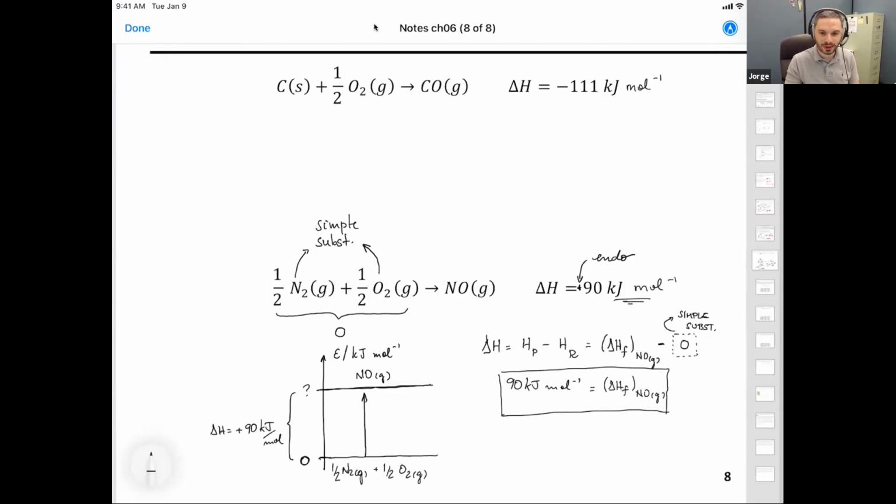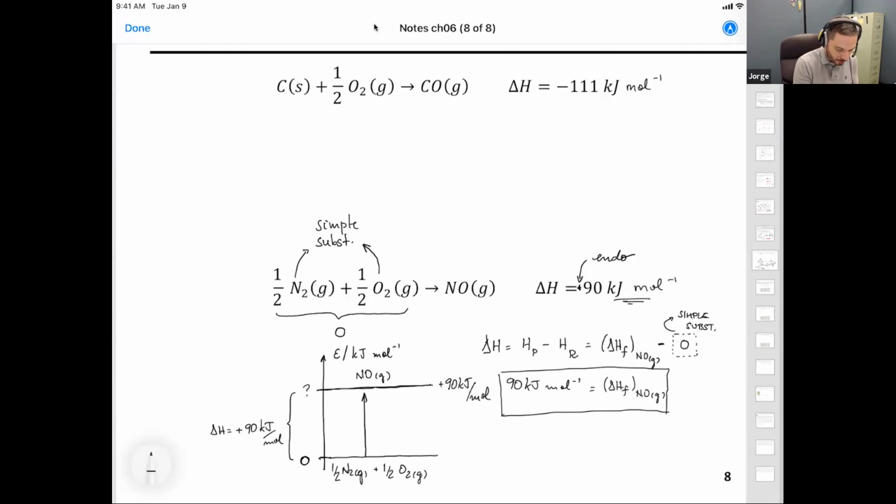With that, we determined the energy level of the only product, which is plus 90 kilojoules per mole. That means the energy of 1 mole of nitrogen monoxide molecules is 90 kilojoules. That's the energy pack that a NO molecule carries to any other chemical reaction.